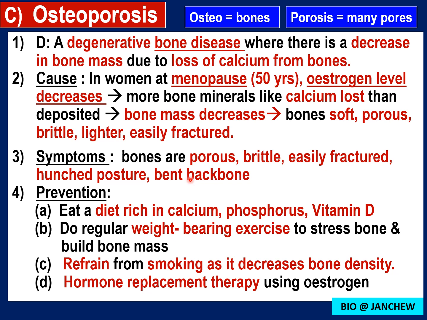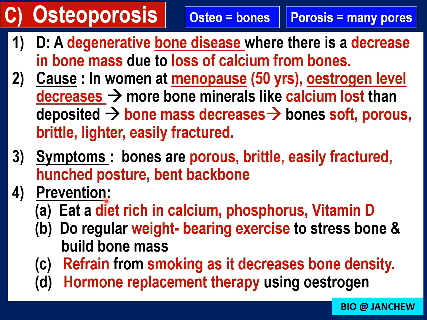So if osteoporosis occurs, these tiny bones will also be affected. They will sometimes break or they may be compressed, or they may be fractured. So this will cause the backbone to become bent and the person will have a hunched posture.